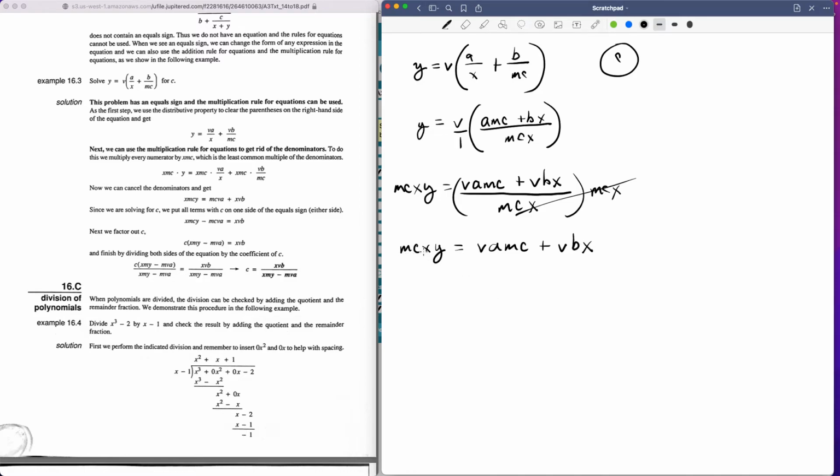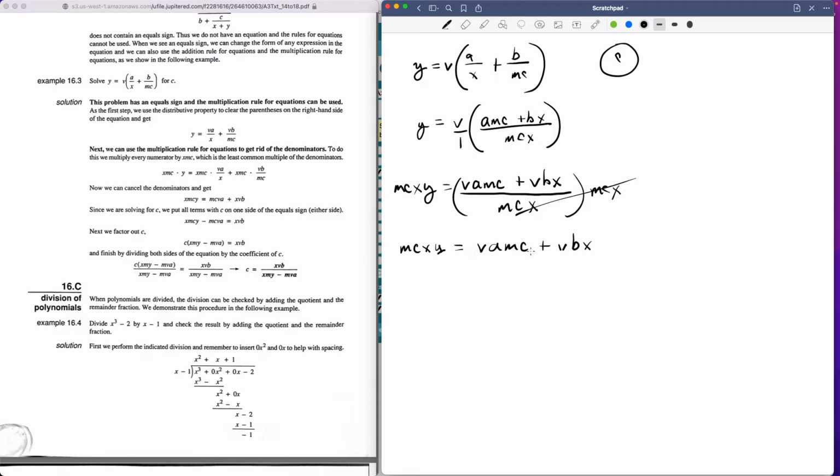Now we can divide both sides by the other factors, mxy, and we get, well, I take that back. Before we do that, let's get all of the c's on one side. So we have another c here.